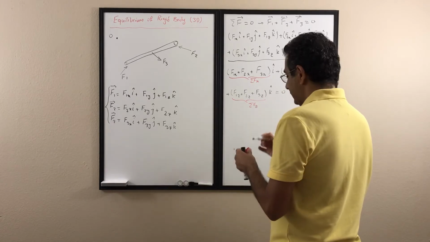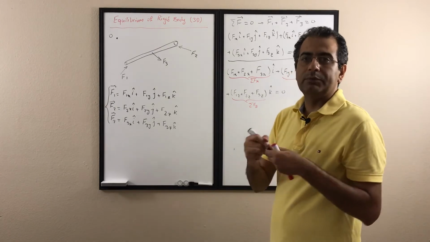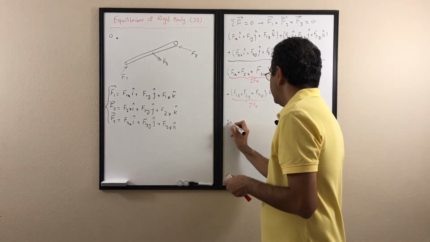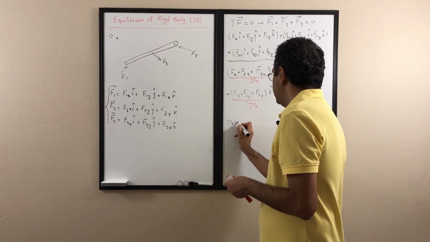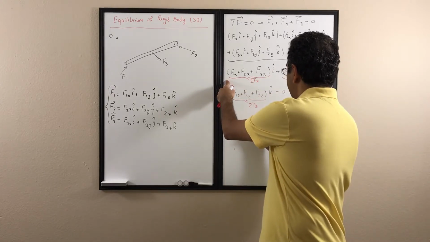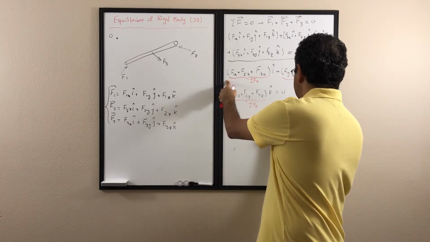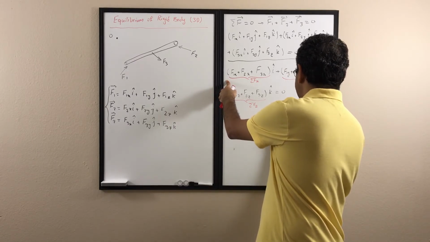So the i component is 0, it means that sigma Fx is 0. So F1x plus F2x plus F3x is 0.